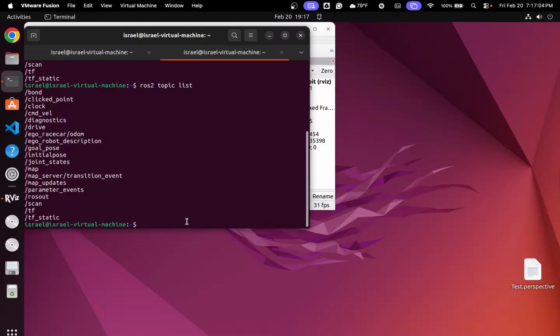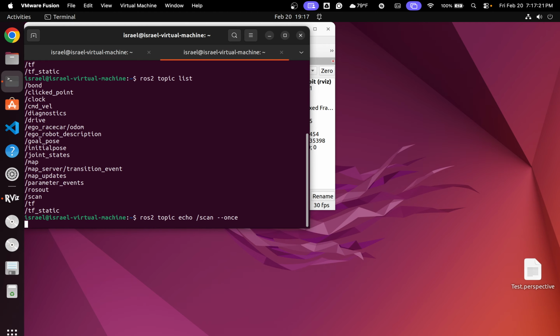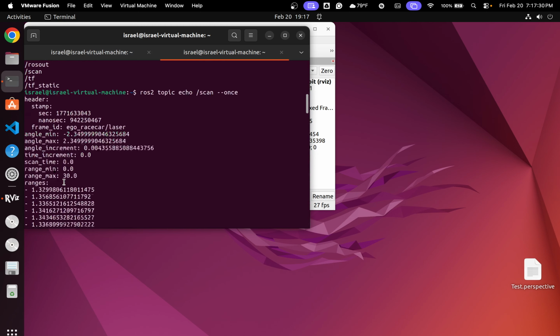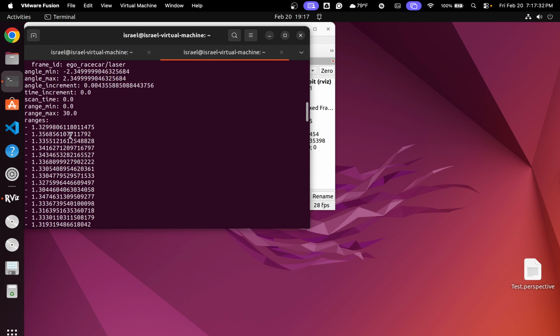You can use topic echo scan with the once option so that it outputs one time instead of continuously outputting. And these are the readings that the LiDAR is giving us from that simulation.